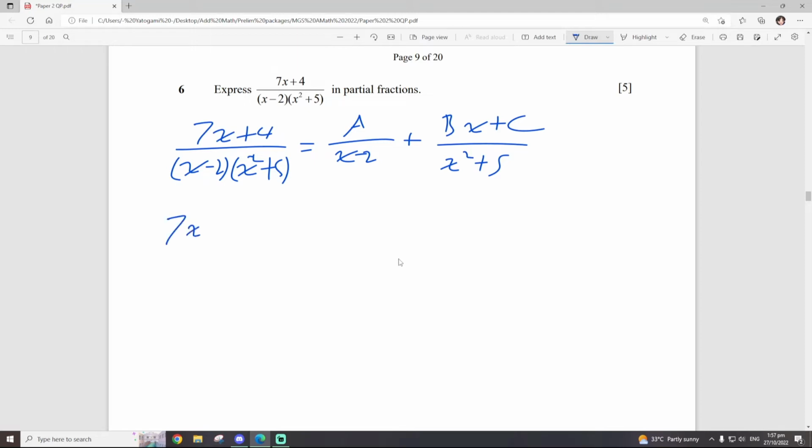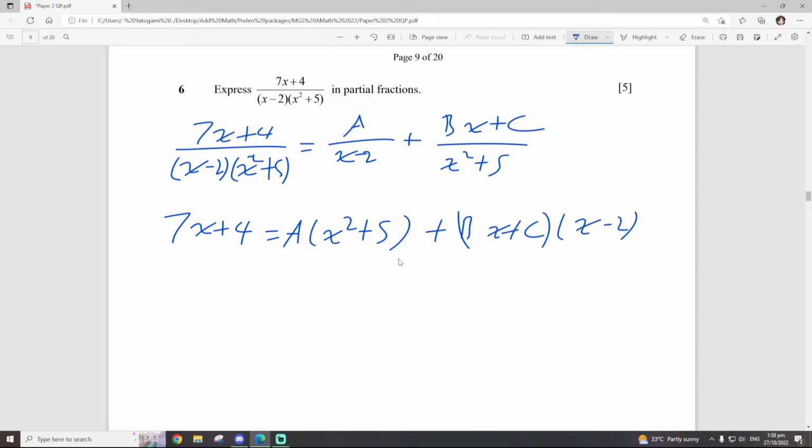7x plus 4 over x minus 2, and alright, no, we don't need to multiply this, sorry. 7x plus 4 is just equal to, multiply both sides, a times x squared plus 5 plus bx plus c times x minus 2.